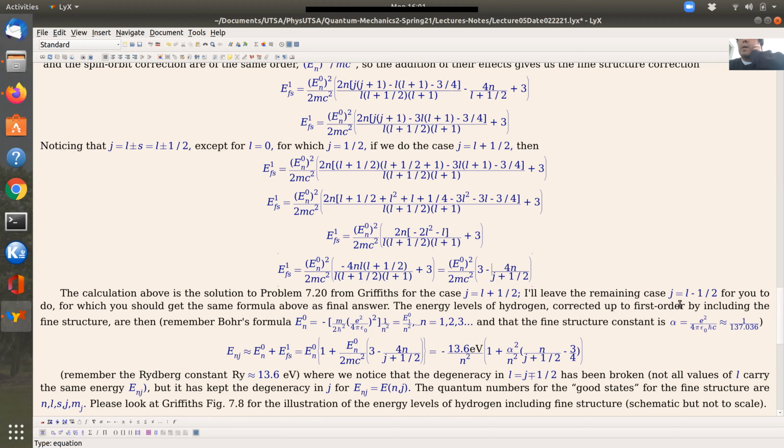So what is the energy up to first order? The unperturbed energy, which is the 0th order plus the first order correction. This is, of course, an approximation, and it's up to first order, but it's what we have. So it's the first order correction plus the old energy. And I noticed that the fine structure correction has at least a factor of E0n, so I can factorize.